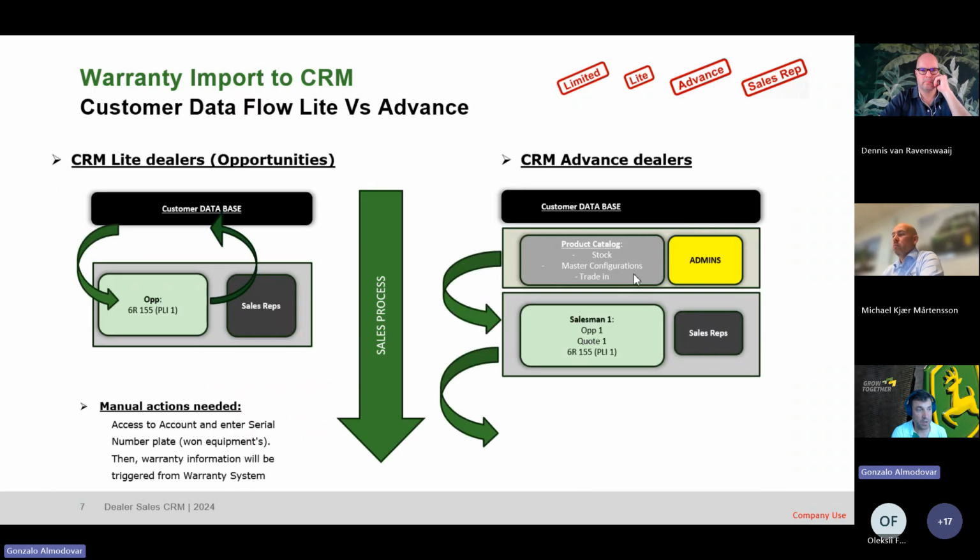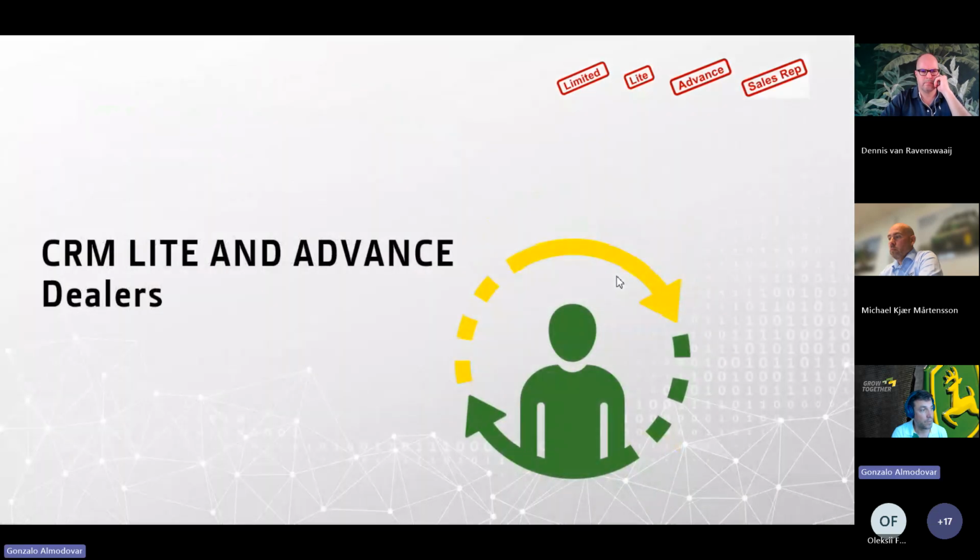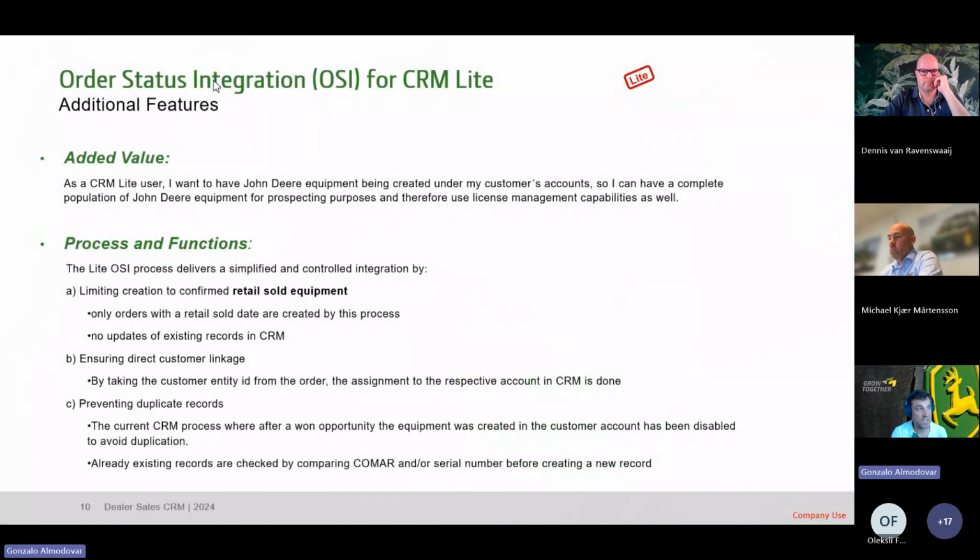This is what we call, sorry, I moved too fast, OC in CRM Lite. In advanced, of course, you're creating the quotes and this is automated. But in Lite, what we will do basically is analyze all the retail sold machines and directly migrate them to the CRM solution, to your customers, right?